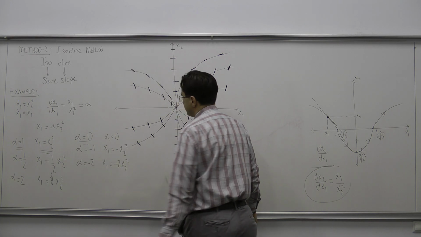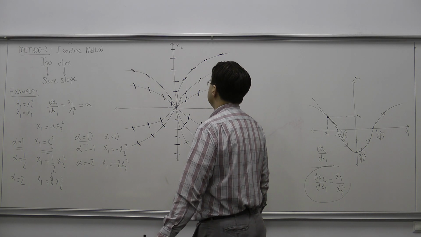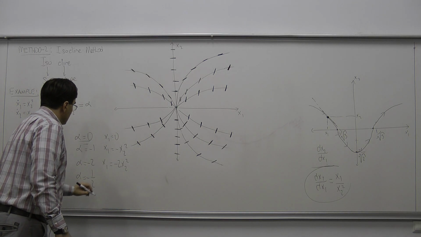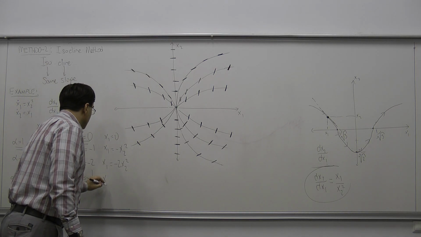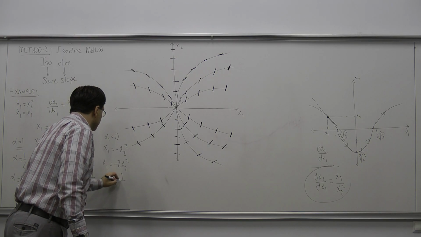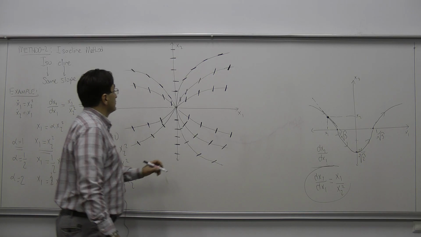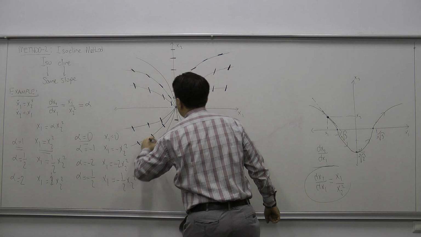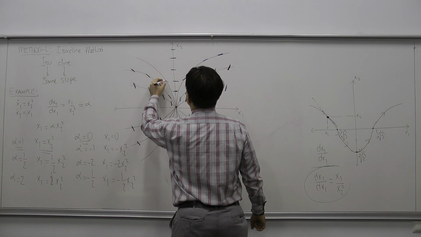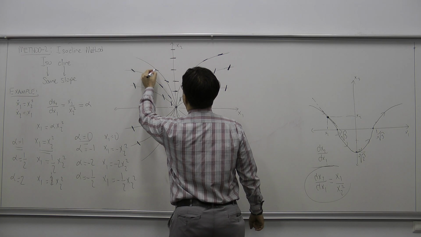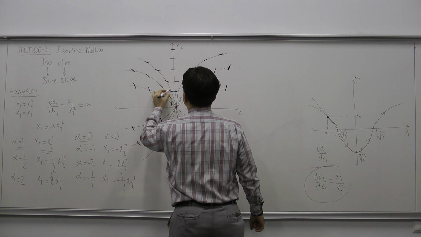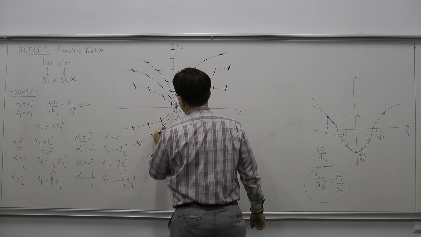And in order to be complete, if I draw alpha equals -1/2, then that is going to be x1 equals -1/2 x2 squared, and it is this outermost parabola here. And on that, the slopes would be more horizontal. So I would draw slopes like this.